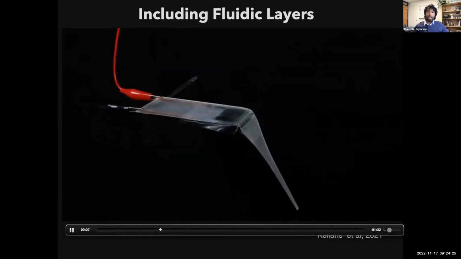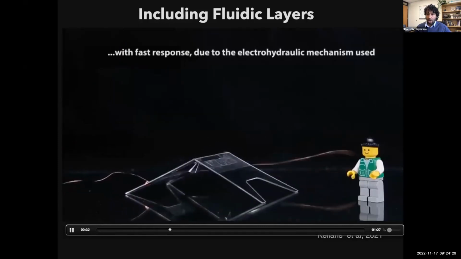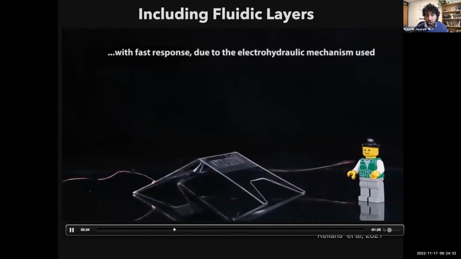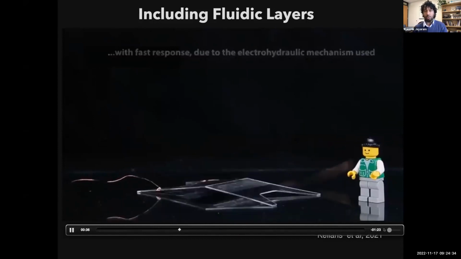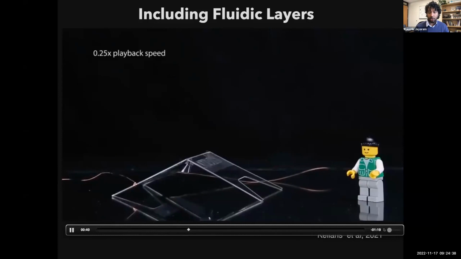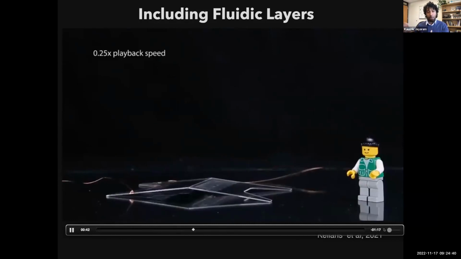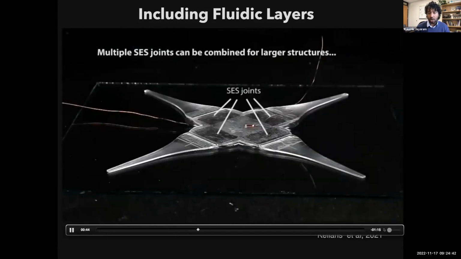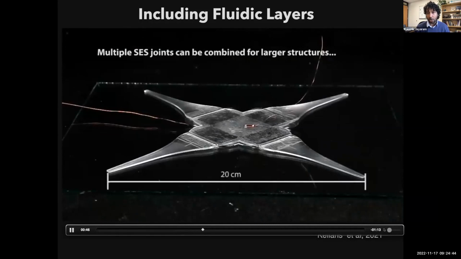But by combining that with rigid layers, you can start getting interesting joint structures analogous to spiders, where they use fluidic actuation and muscles in coordination to achieve complex actuations.